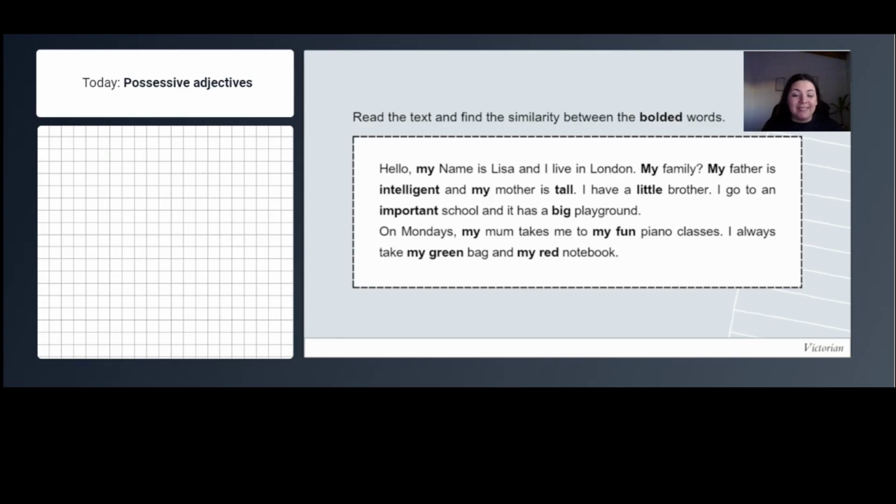The similarity between these words is that they work as adjectives. Not only intelligent or big or fun, but also my. Although it's not an adjective itself, in this case it does work as an adjective because it is modifying the word that comes after it.